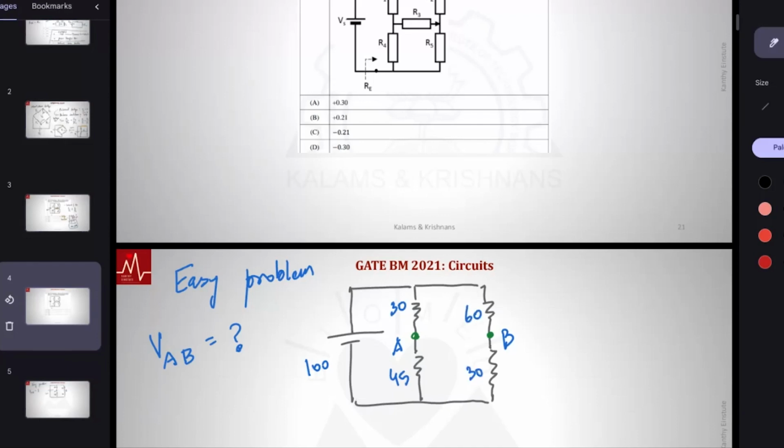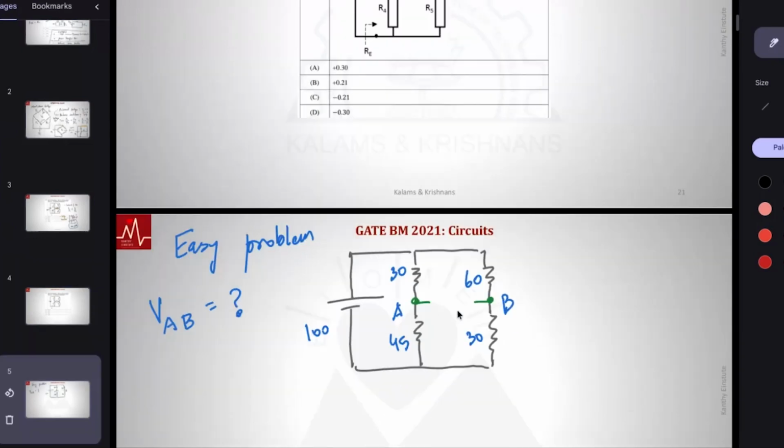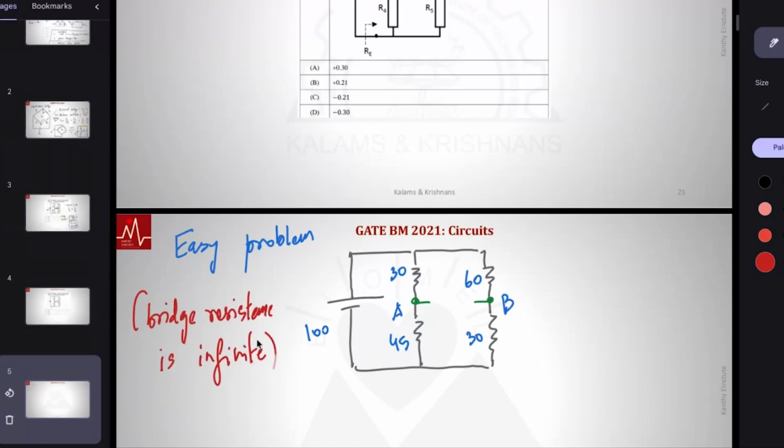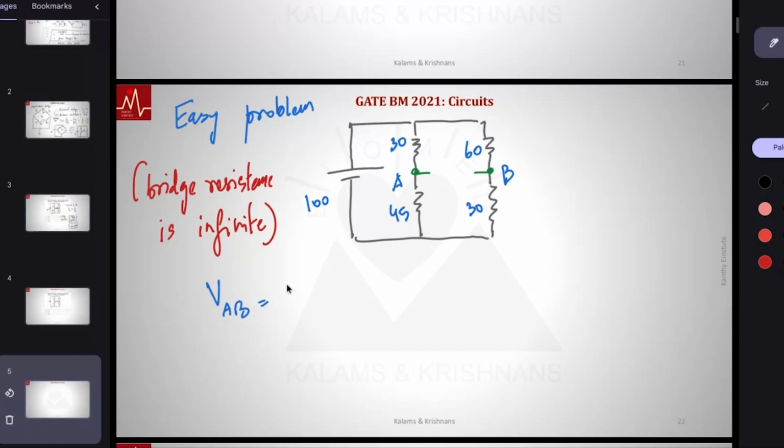Can you tell me what is VAB? Notice the currents here are 0. It's an easy problem. Specifically, it's not connected. This bridge resistance is infinite, right? In this case, can you tell me VAB equals VA minus VB?